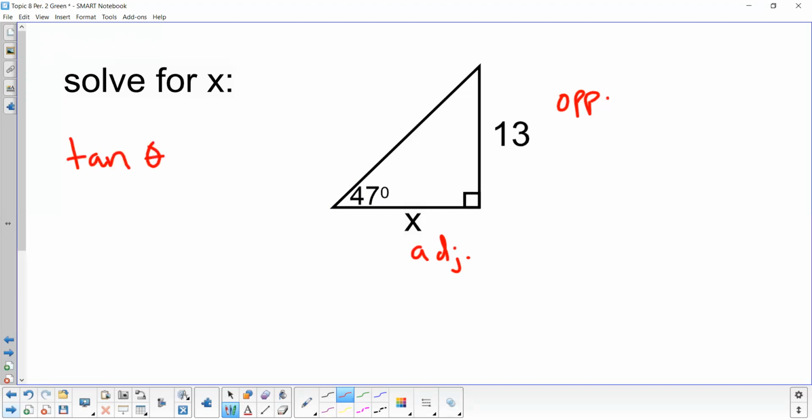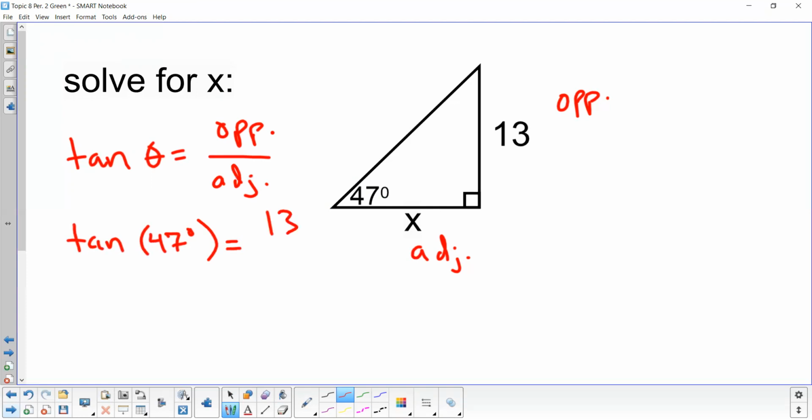So if you like at first, start with just the basic rule for tangent. Tangent of theta equals opposite over adjacent. Then plug in what you've got. What's theta in this one? 47. What's the opposite? 13. Okay, and what's the adjacent? X.